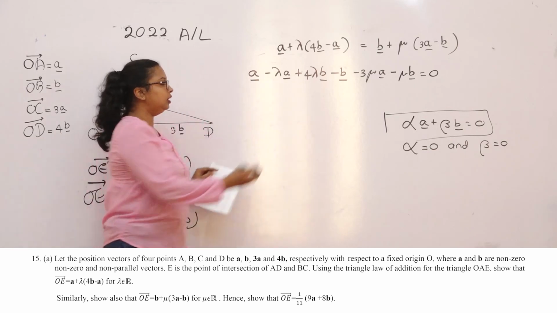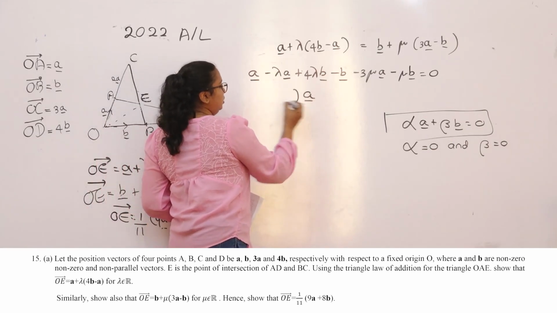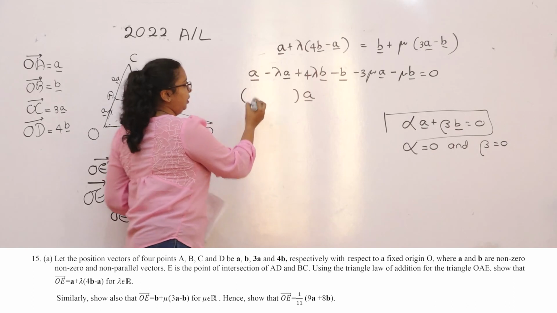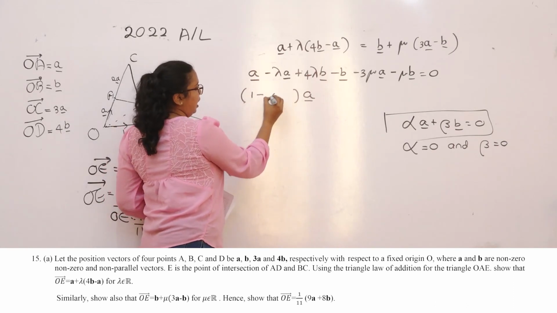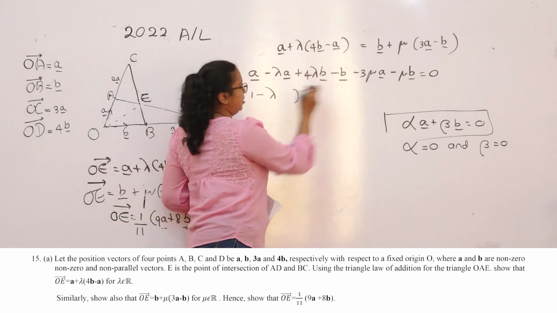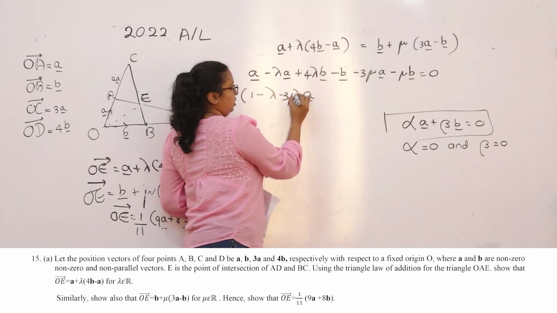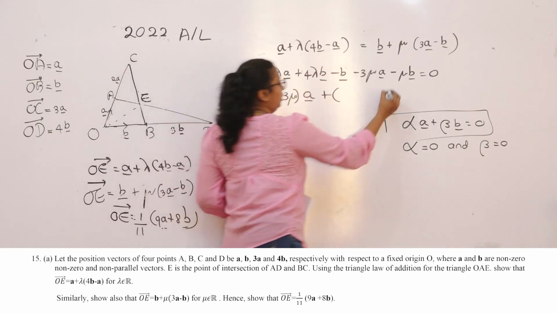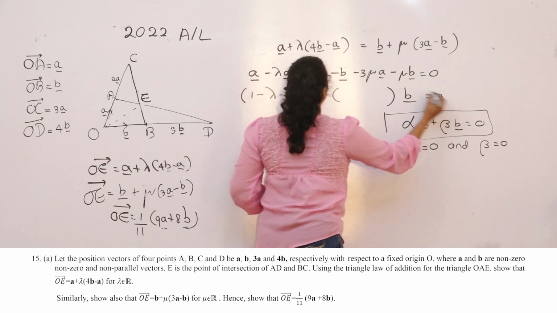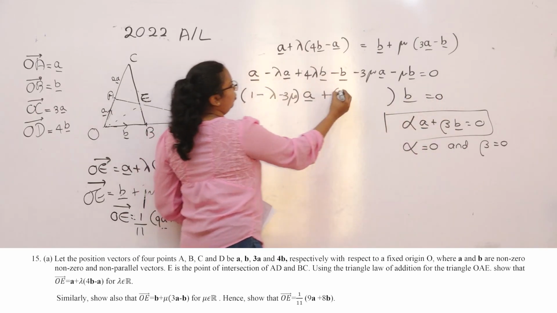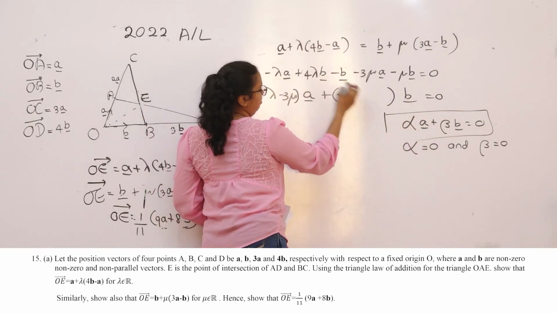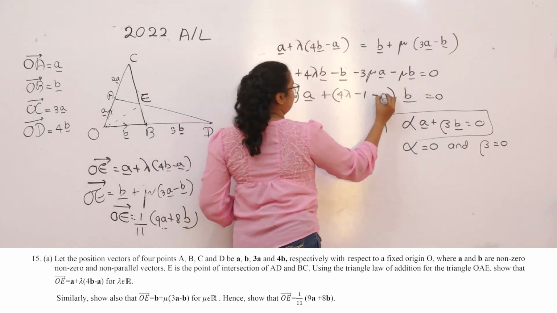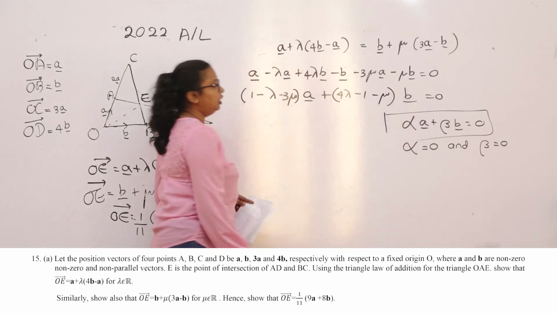Now take A common, what will remain inside the bracket? 1 minus lambda, and here you have minus 3 mu, plus, again take B out, what will remain? 4 lambda, here minus 1 and here minus mu equals 0. Now can you observe?